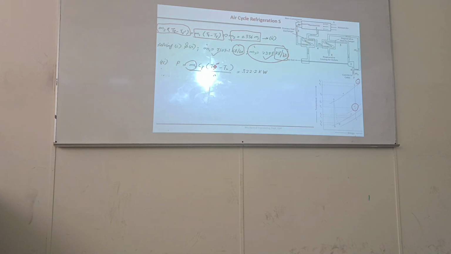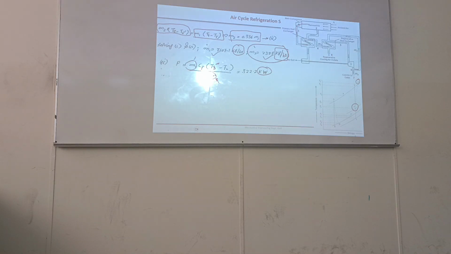Again, this was in kilograms per hour divided by 3600, so you get the answer in kilowatts. Otherwise, it will be kilojoules per hour. So be careful when you are solving it at home, when you are practicing these. So do whatever you feel easy. Easiest is 3.5. The other conversion factors I will not give in the exam.